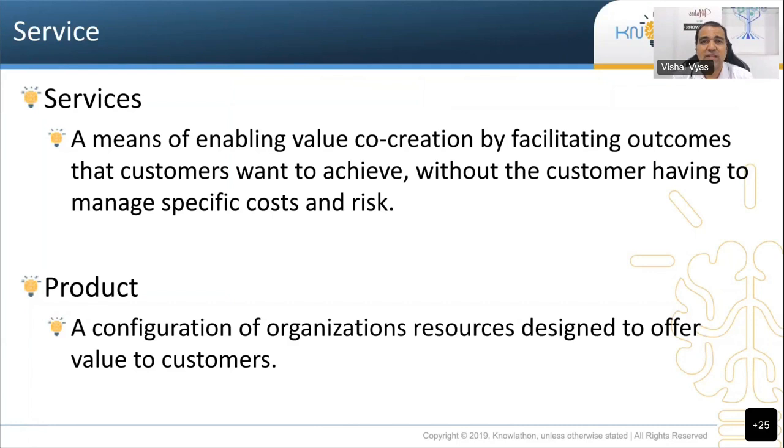Am I audible? Was there some issue? Yes, Vishal, you break in the middle. There is some audio disturbance. Okay, no worries. Just a second. I'll quit some of the applications and move to another line.